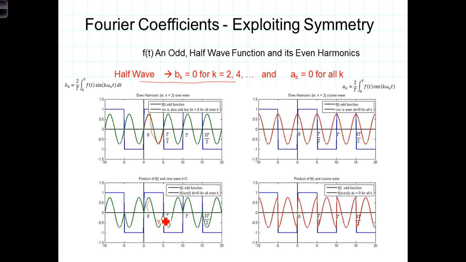And when you have an integer number of sine wave cycles in a period, say it right, an even number, not just an integer number, but an even number of cycles, 1, 2 is an even, the positive areas of the product are equal to the negative areas of the product, and when you integrate across that, the areas cancel, and so when k is 2, 4, or 6, the b sub k's will be 0 also.